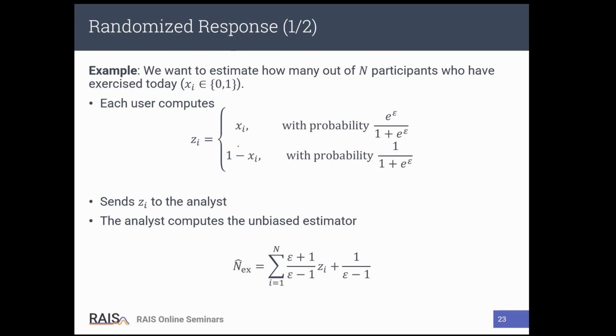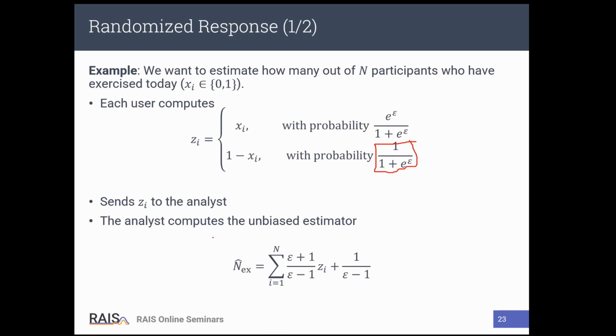This way, in principle, you cannot tell if the answer that they have provided is actually the truth, because they could claim, no, I got into this second case, and so I disclosed the opposite of my information, or actually I disclosed the truth. You cannot know. What they do is they compute this value and send it to the analyst, and the analyst just computes this value, which is an unbiased estimator of the average of these answers.